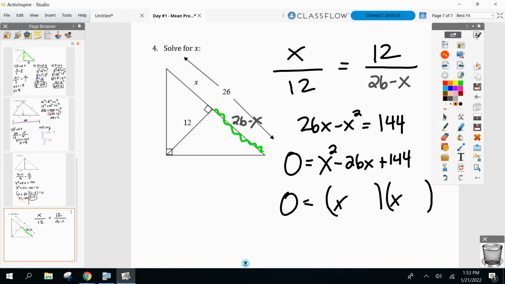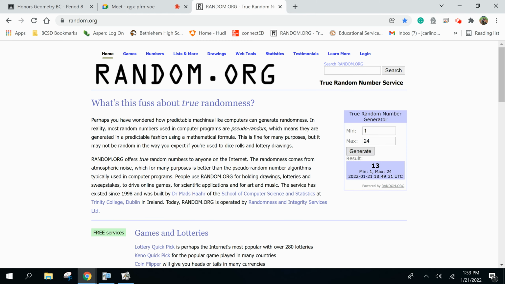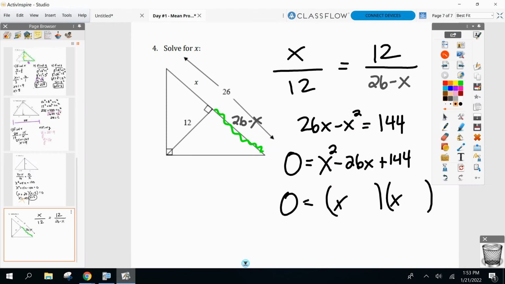We find the numbers. They exist. Two numbers that multiply to 144 but add to negative 26. What do we have here? Got your numbers? Negative 8, negative 18. So I get x equals 18, x equals 8.